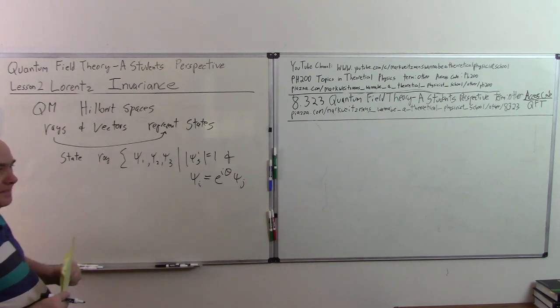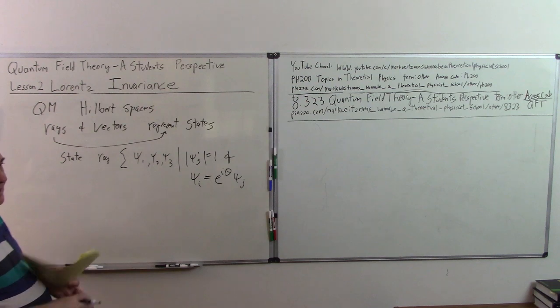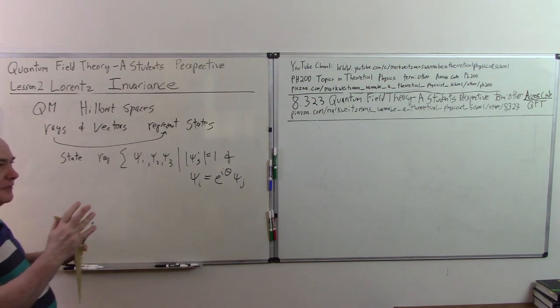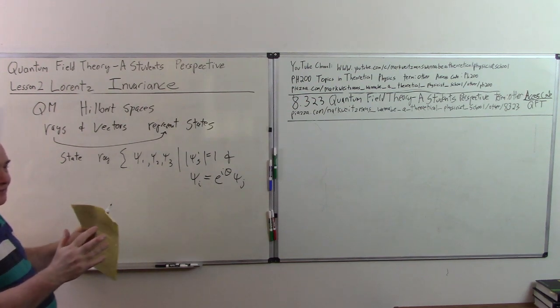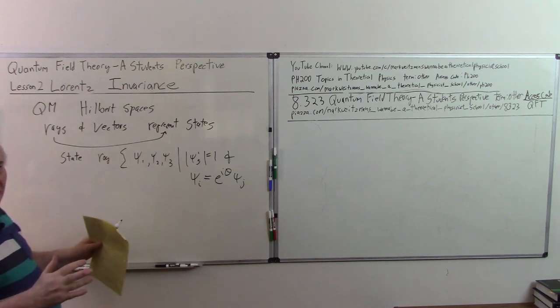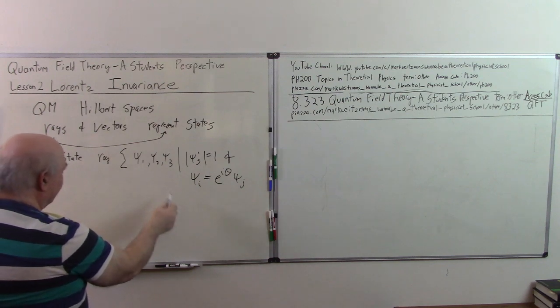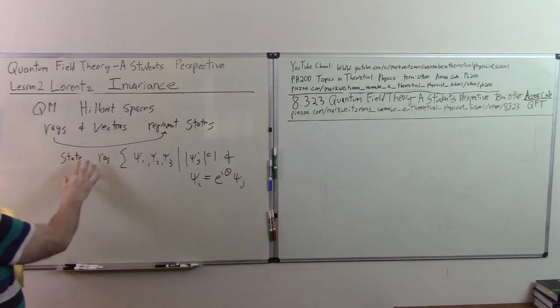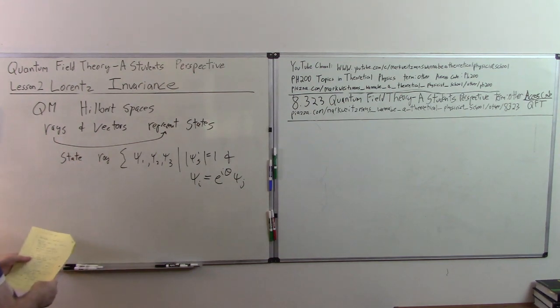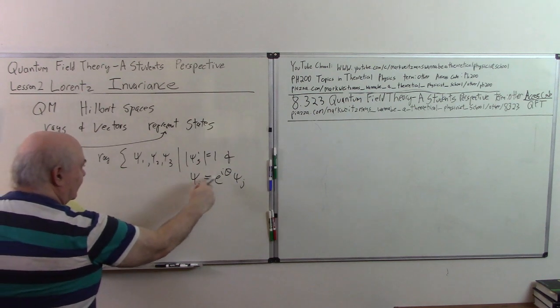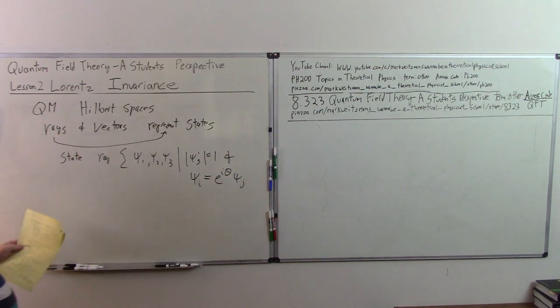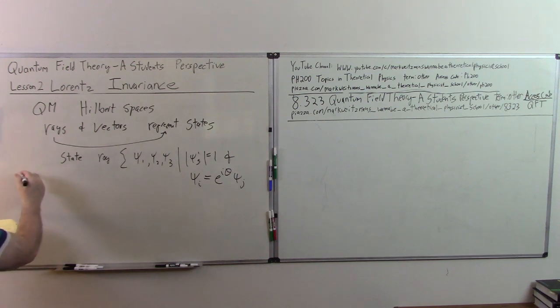And of course, you can't superimpose different phases. You'll get different states if you take one state with one phase and then another ray with it. So I'm just talking about one ray here. Most of the time we work with vectors, and we keep in mind that vectors can differ by constant phases. So we have vectors and a norm.